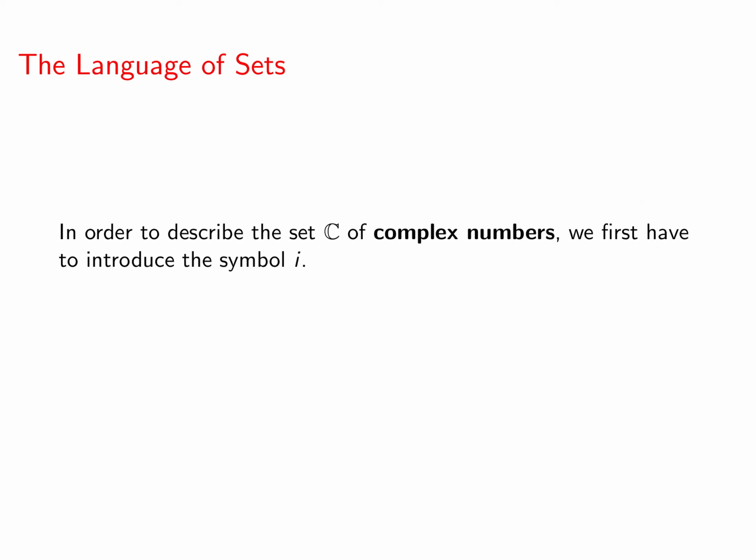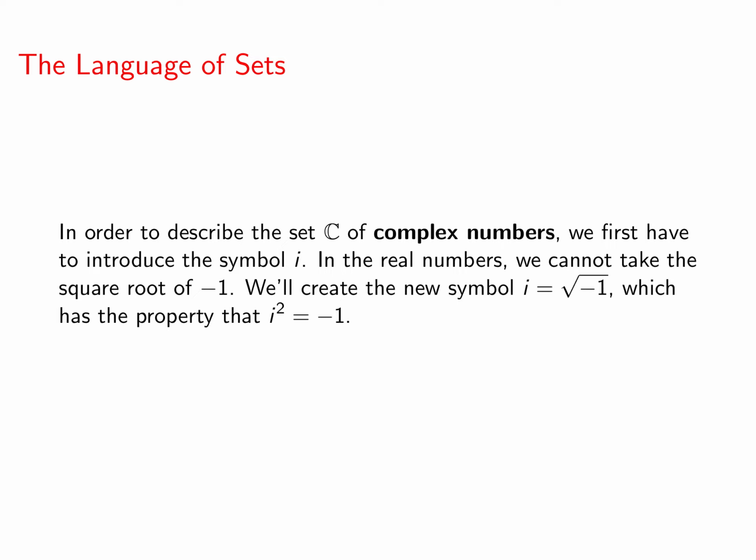Now, in order to talk about complex numbers, we have to introduce the symbol i. As I said, this is a funny symbol to be using as a variable. Now, in the real numbers, you can't take the square root of negative 1. That is to say, no matter what real number you square, you're never going to get negative 1. So what we do is we're going to create a symbol i and pretend that we can take the square root of negative 1.